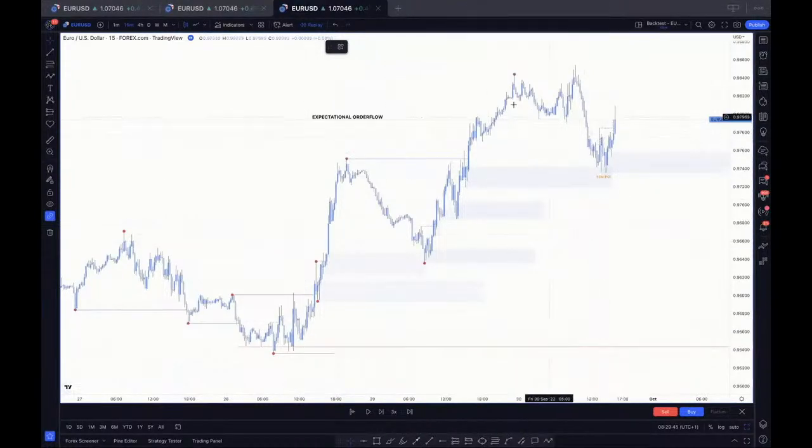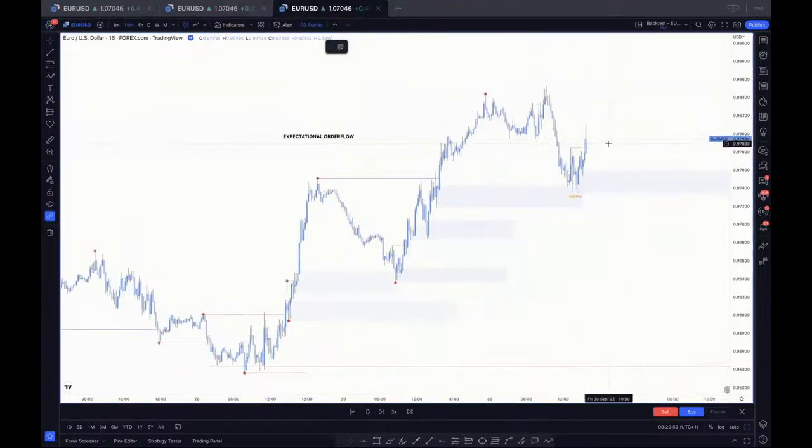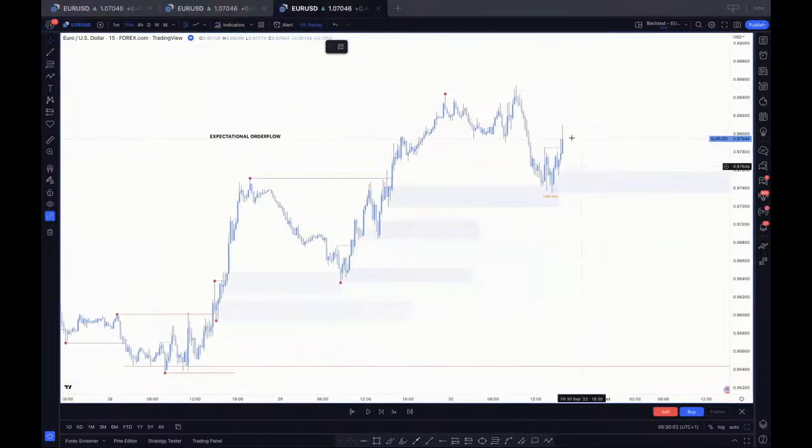So when you see, after a high is made and you have a pullback, and then you see a change of character, that simply tells you that maybe that pullback is coming to an end, and we're now ready to target this high or even make new higher highs. So our expectation would be that after this change of character, the market will pull back into this zone that caused the change of character, that took out this high, and then we can trade it and move and take out this high.